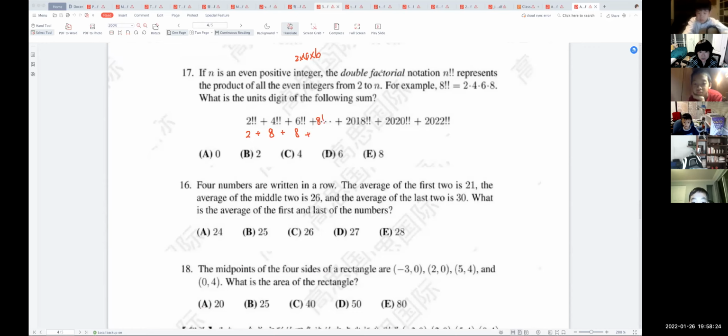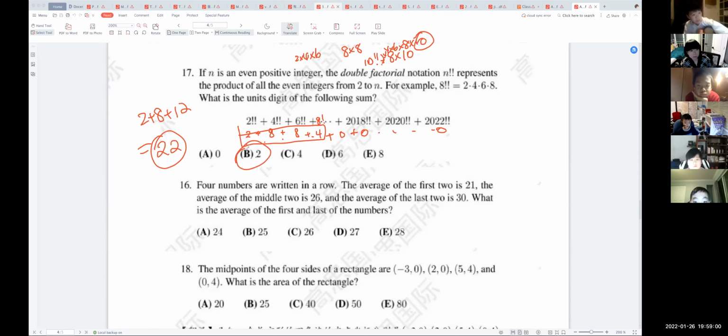So 8 double factorial, 8 times 8 ends in 4, right? So next one is times 10, because 10 double factorial equals 2 times 4 times 6 times 8 times 10. The moment you see 0, that means the last digit is always 0. So the rest of them I don't have to calculate. All I need to do is calculate these 4 of them. So 2 plus 8 plus 12 equals 22. So the last digit is 2. So the answer is B.